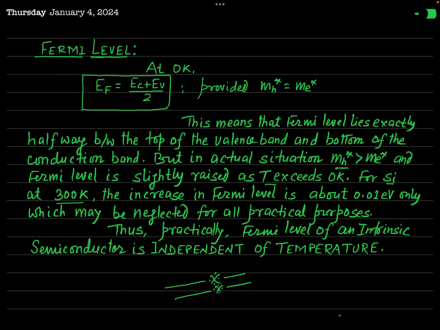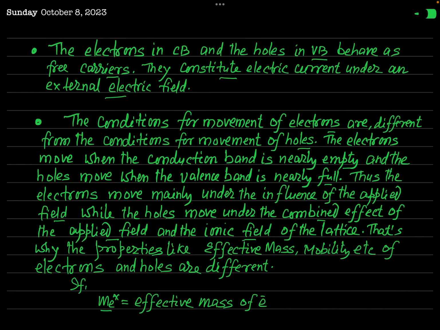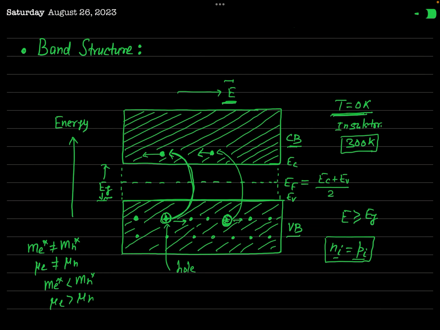Now we will talk about the Fermi level. Actually, at 0 Kelvin temperature, the Fermi level of a pure semiconductor lies just between the bottom of the conduction band and the top of the valence band. So if EC is the energy of the bottom of the conduction band and EV is the energy of the top of the valence band, then EF is equal to this much.